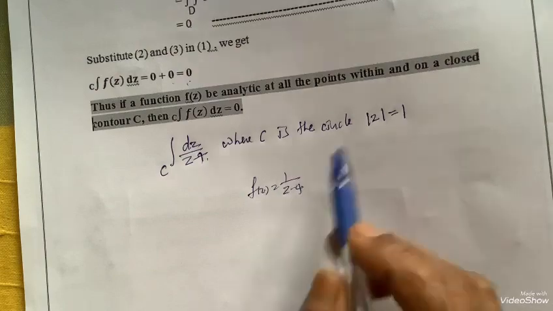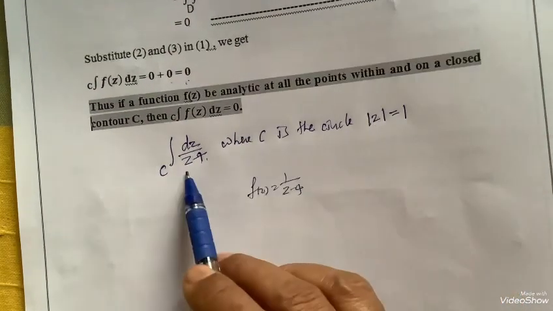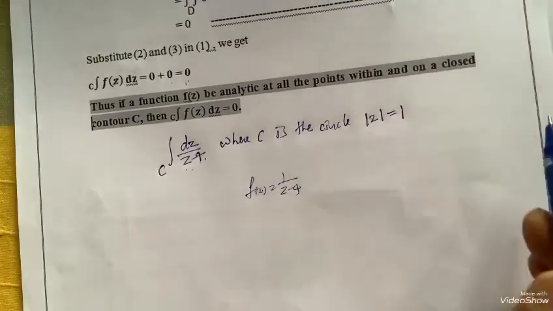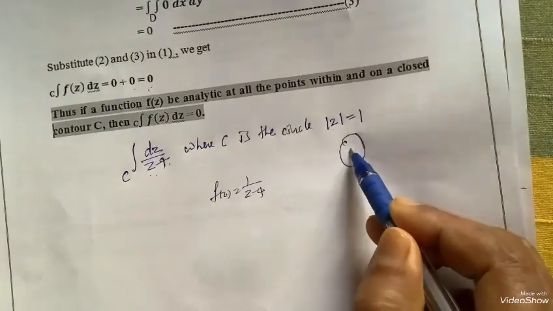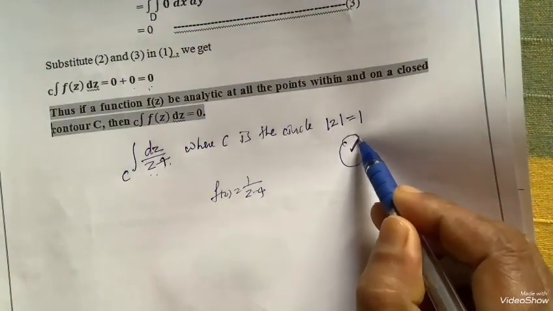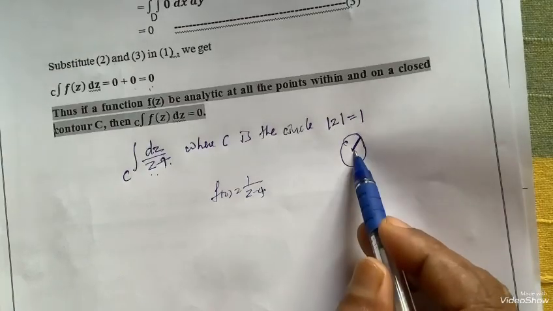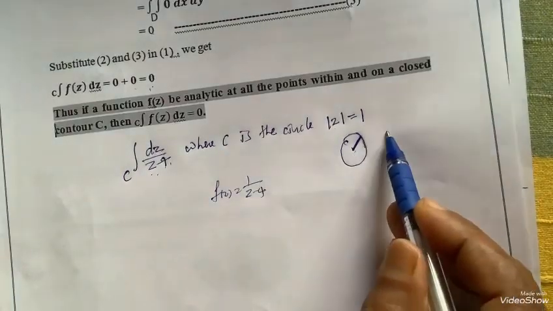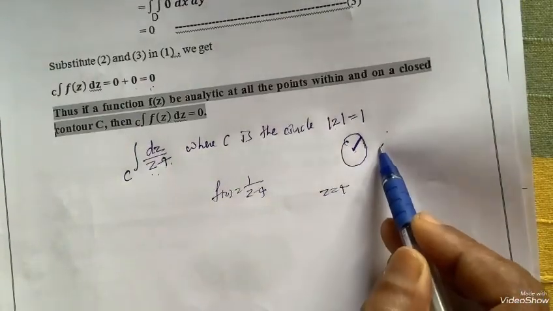If that point 4 is not inside the circle, inside that circle you can say the function is analytic. See here, mod z is equal to 1 is a circle with the center at origin and radius 1. Therefore, the point z is equal to 4 lies outside the circle.